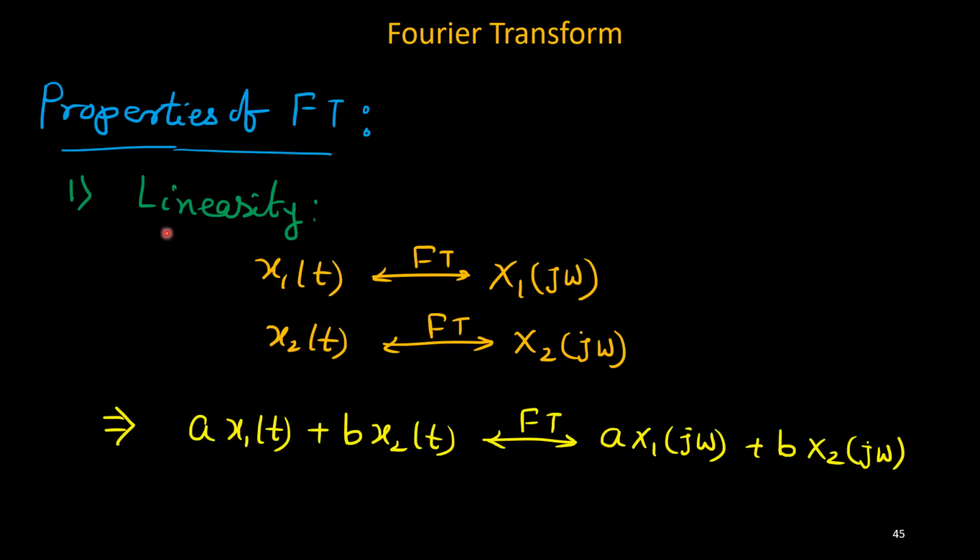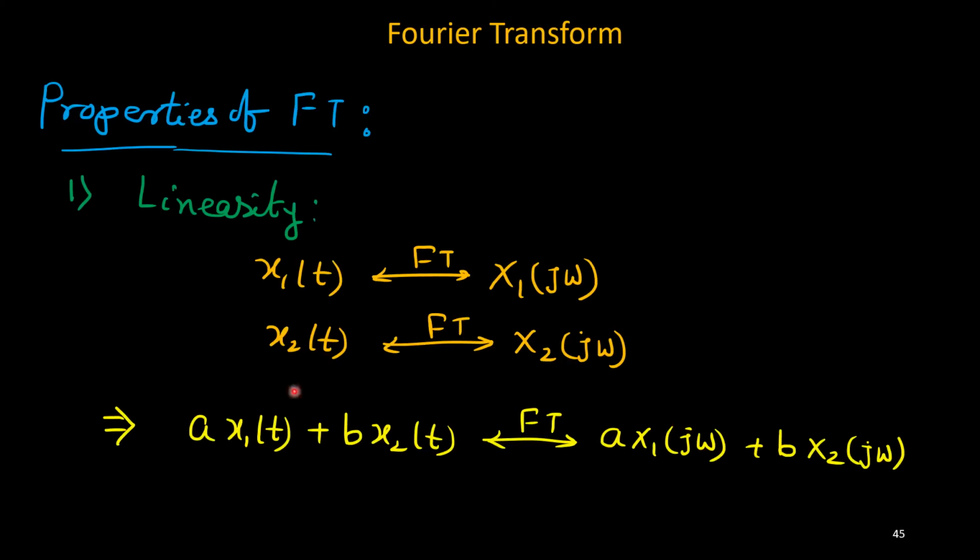So the first property is linearity. It says that if I consider one signal x1(t), its Fourier transform is capital X1(j omega), and another signal x2(t), its corresponding Fourier transform is capital X2(j omega). Now if I consider a linear combination a times x1(t) plus b times x2(t), then its Fourier transform will be a similar linear combination of their spectrals, with the same coefficient a and b: a times X1(j omega) plus b times X2(j omega).